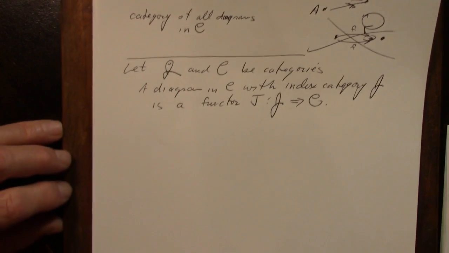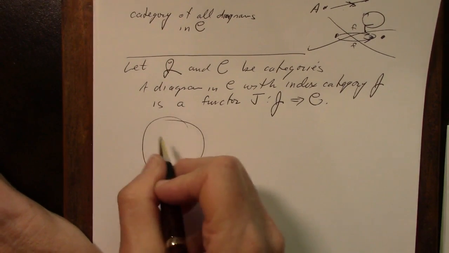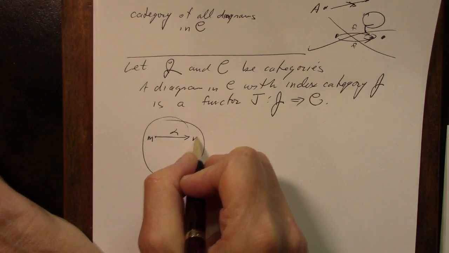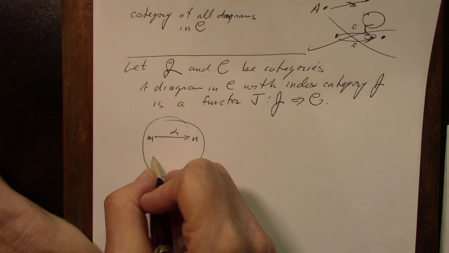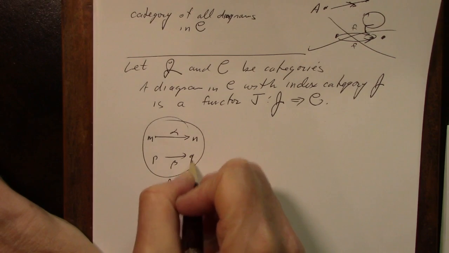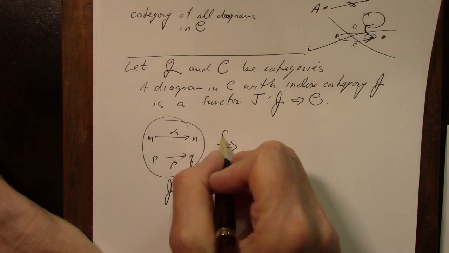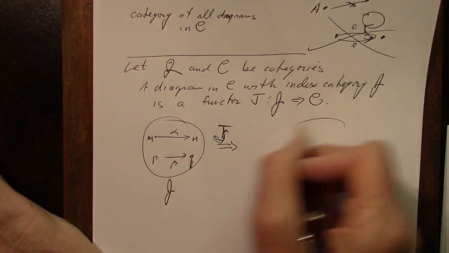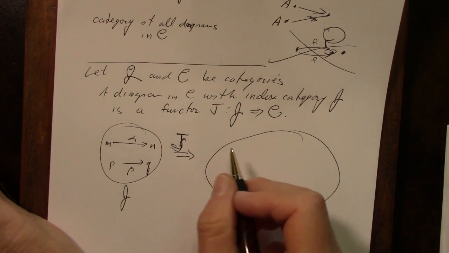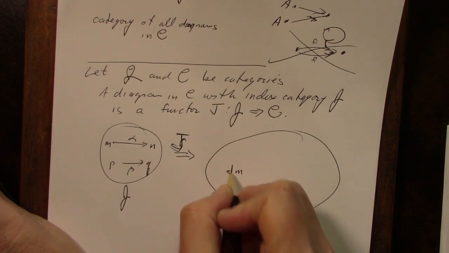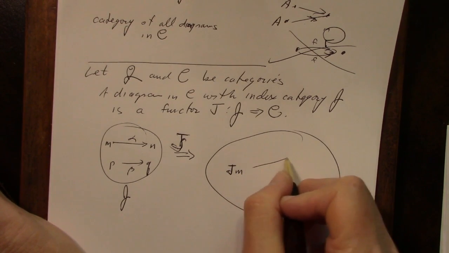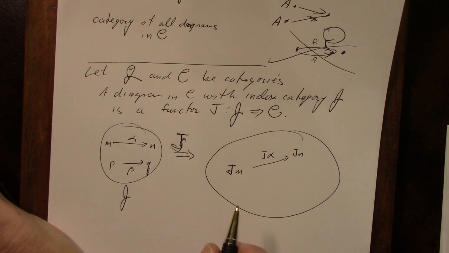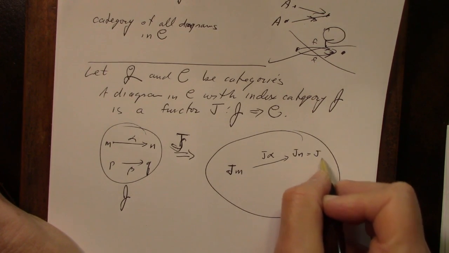So we better have a picture right away. Over here is our index category, script J. And then here is our functor J. And that goes, let's say, just as an example, here's Jm, and here's Jn, and so this is J alpha, and let's have this be the same as Jp.